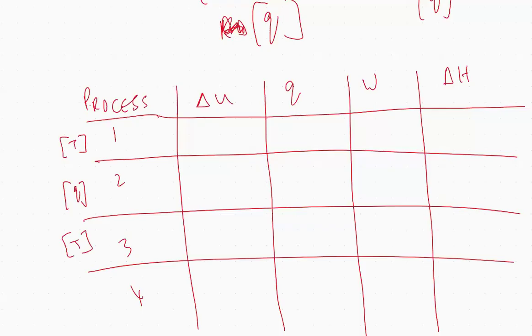I'll give you the equations that we derive from this that you can use for questions. So 1 and 2 means expansion, and then this one is compression.